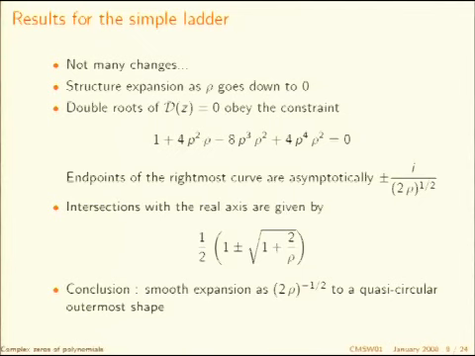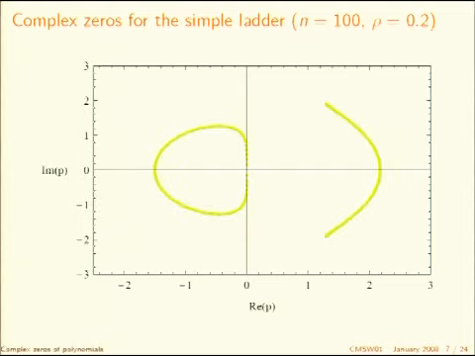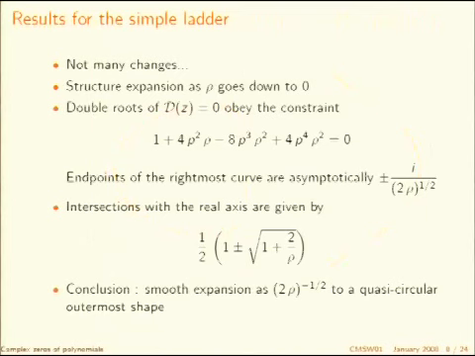The first thing I should mention is that you have the double roots, located here, that can be tracked down by simply analyzing the double roots of the denominator of the generating function. And the endpoints may be computed very easily, asymptotically, and you can see that they go to plus or minus i over 2 rho taken to the half power.